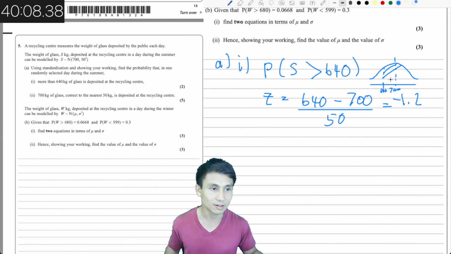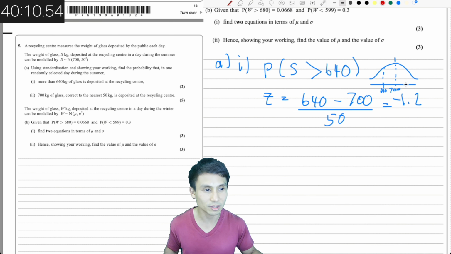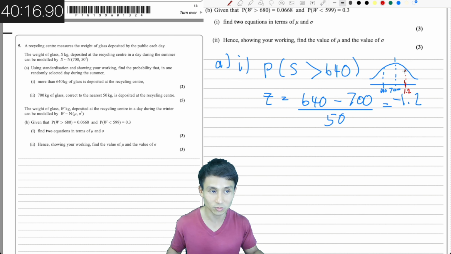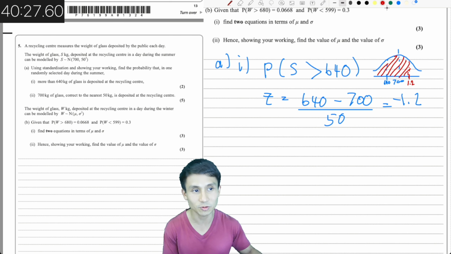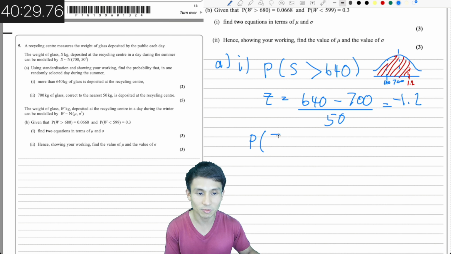Knowing that the bell curve has a symmetrical property, you can reflect it to this value, which is z being 1.2 rather than minus 1.2. And then you want its area less than this. It's the same. So you are finding P of z less than 1.2 in the table, right? So you just look at the big table and get this probability here.